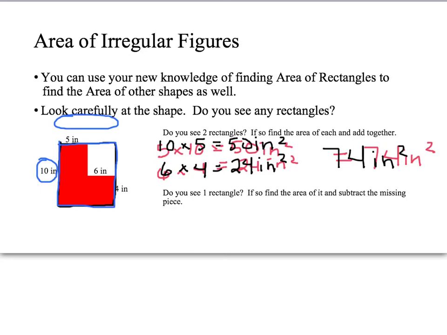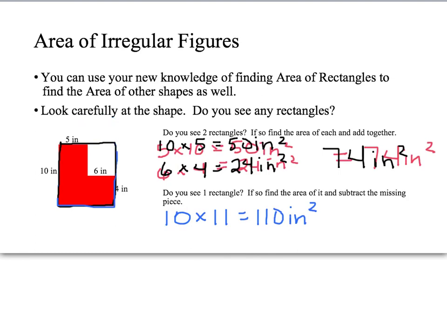Well, to find the length of it, we know that this piece is 5 inches, and we know that if we keep going over it 6 inches, you can put those together and you would get your 11 inches. So the big rectangle itself is 10 times 11, which gives you 110 inches squared. Correct?